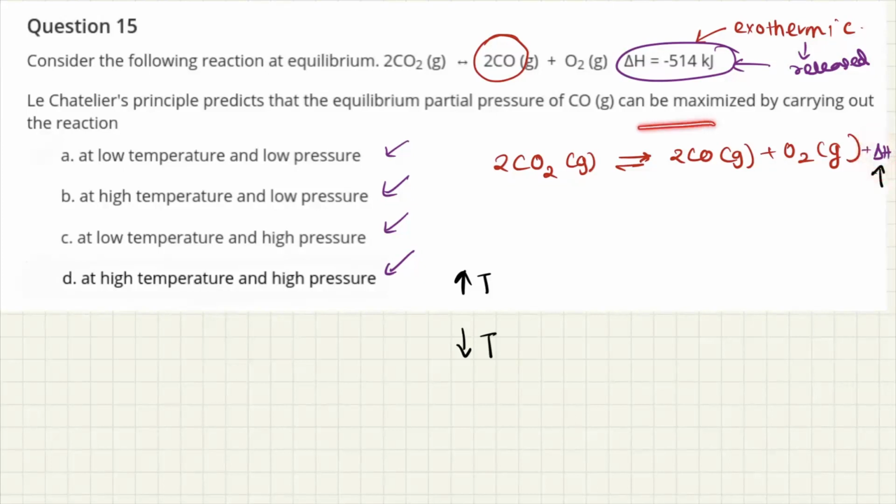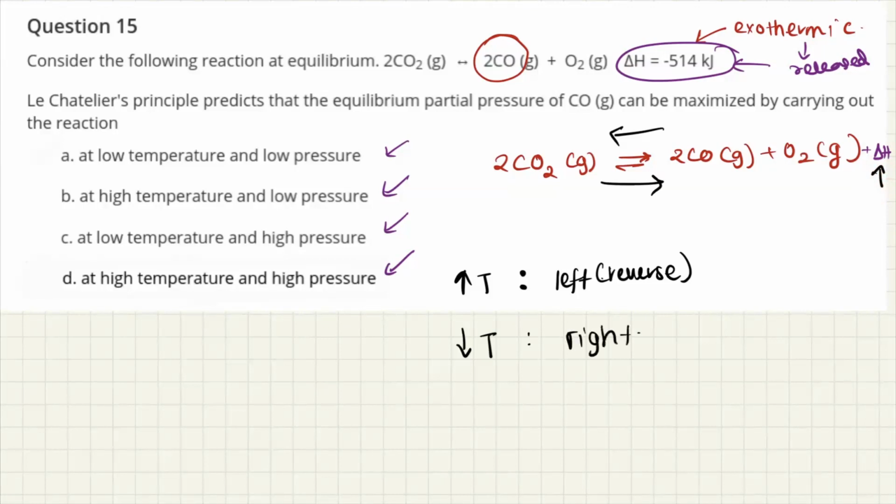That means it's going to go to the opposite side, the reverse side. So if you increase temperature, our reaction will want to go to the left, or reverse reaction. And if we decrease temperature, if we decrease this part, it wants to go to the right.